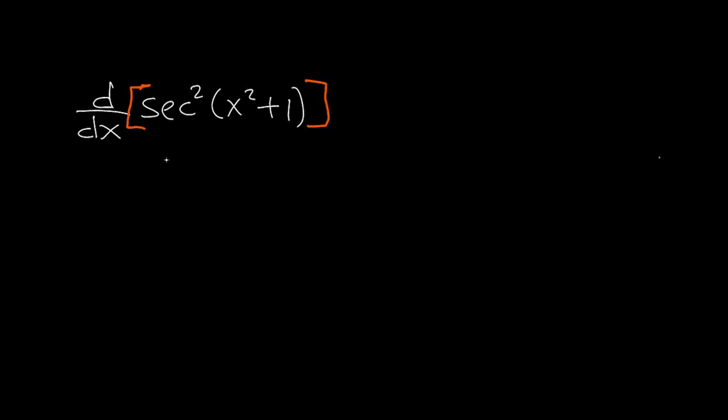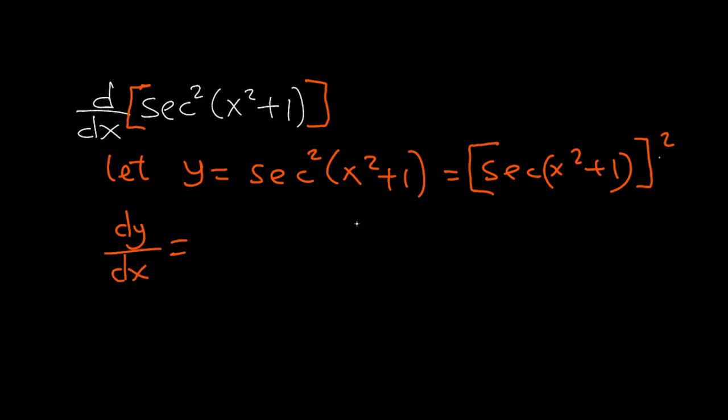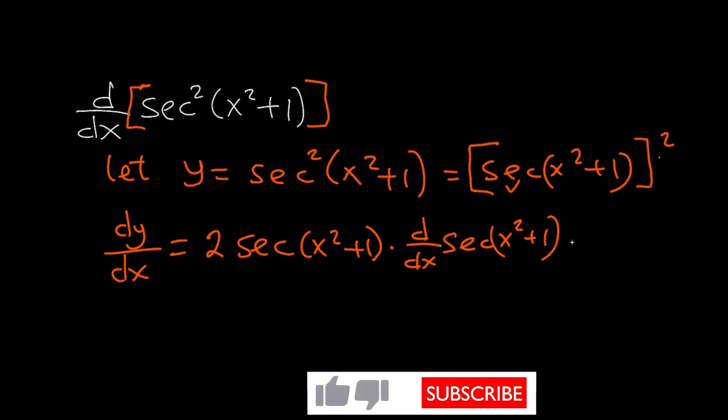And we can solve this one in two ways. We can give it a letter. Let y be equal to this. This one is the same as x squared plus 1, and then everything squared. So dy/dx will be equal to 2 coming to the front, times x squared plus 1, and then times the derivative of the composite function.